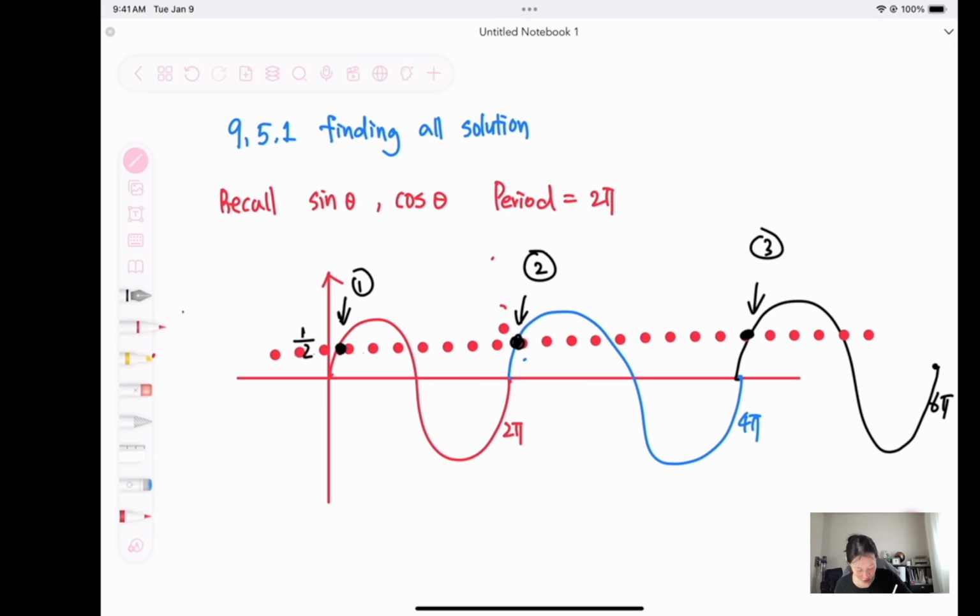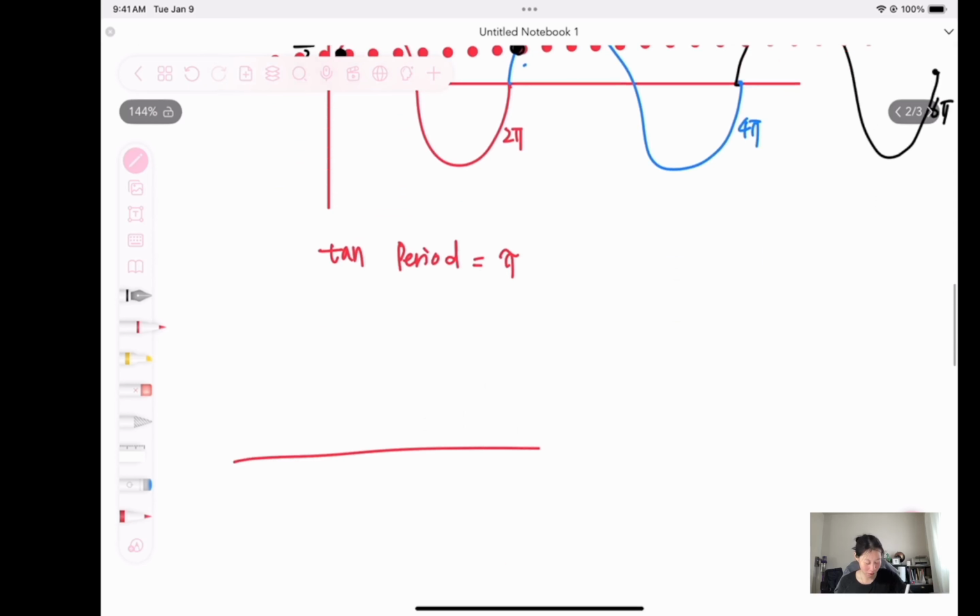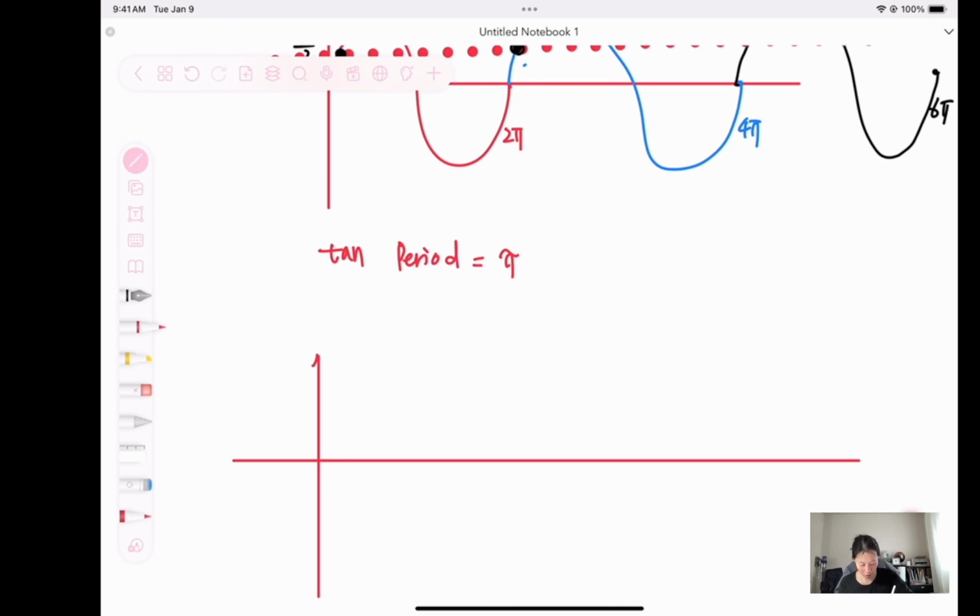Second is tangent. Tangent's period is every pi. If you remember the graph, tangent looks like this, right?